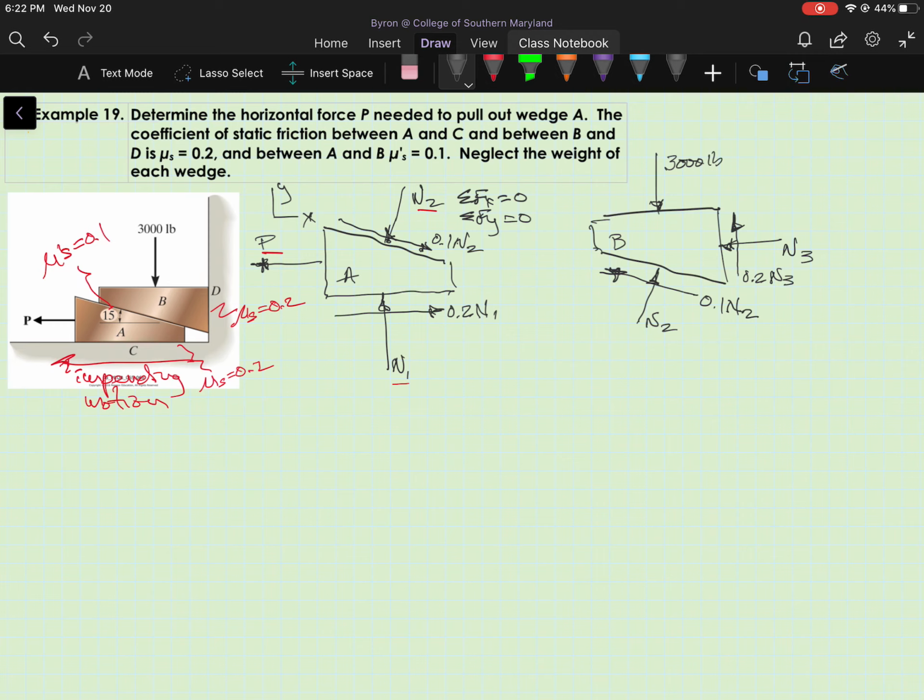Now I pick up 2 more equations with this free body diagram. Again, sum of the forces in x equals 0, sum of the forces in y equals 0. And now note that I've only picked up 1 new unknown, N sub 3. N sub 2 is already accounted for in the first free body diagram. So now I have 4 equations to work with and 4 unknowns. So I should be able to solve for those unknowns, or the ones that I need to in order to solve for P.